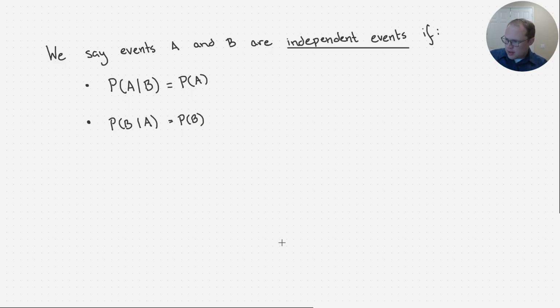Suppose I want to know the probability that it rains in California on a randomly chosen day, in a randomly chosen location of California. Say the probability, for sake of argument, is 10%. Now I'm going to give you additional information.